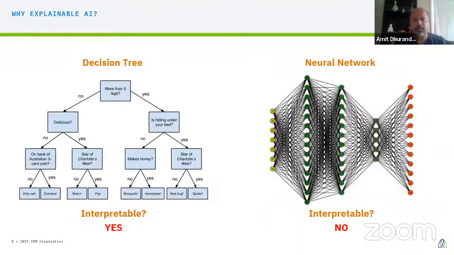This is obvious, but one of the reasons this has happened is because over the last 10 years or so, rather than people using things on the left, like decision trees where it's obvious how the decision was made, people are using things more on the right, where you have very complicated neural architectures, which are definitely not directly interpretable.